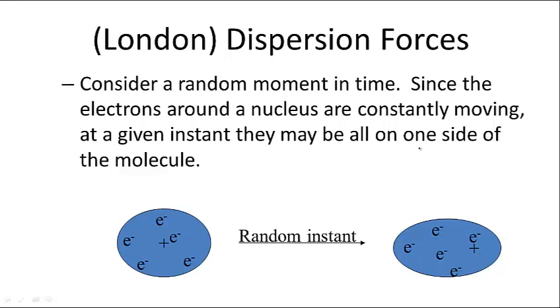Even at absolute zero, electrons don't stop moving. They have some minimum of energy. But at room temperature, everything has lots of thermal energy. So things are all constantly moving, including the electrons in the electron cloud around an atom. So at some random instant, we have this momentary dipole with a partial positive on one end and a partial negative on the other.